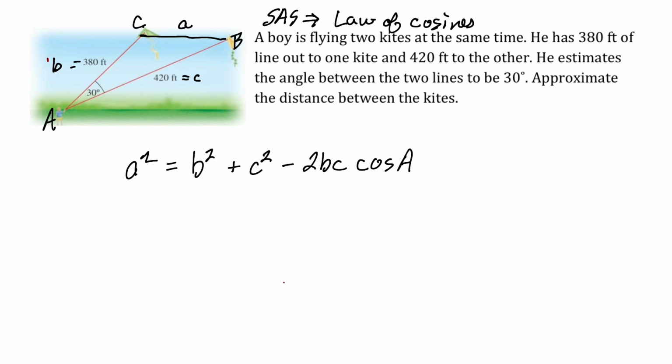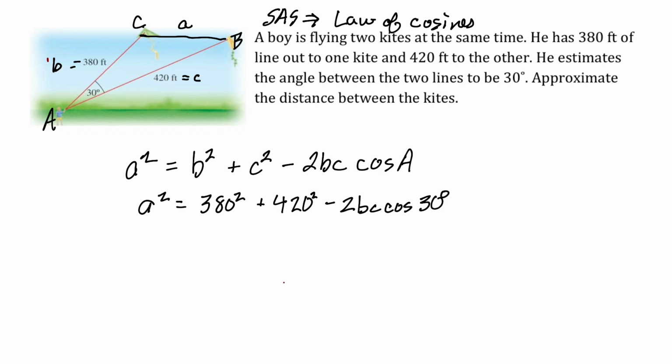So it goes like this: a squared equals b squared, that'd be 380 squared, plus 420 squared, minus 2bc cosine of, he thinks that's 30 degrees. So we just fill that in.